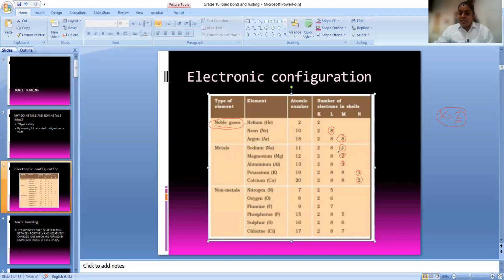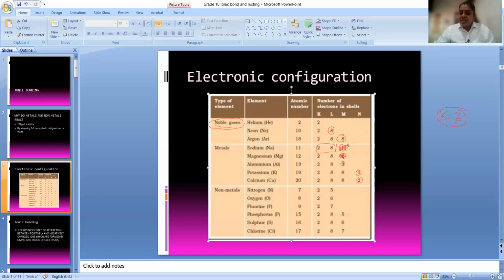So what these metals will do is lose electrons during bond formation. Understand? During the reaction, they will lose electrons, because if sodium loses this 1 electron, it will get the noble gas configuration of neon. If magnesium loses these 2 electrons, it will again get the noble gas configuration of neon. Understand?